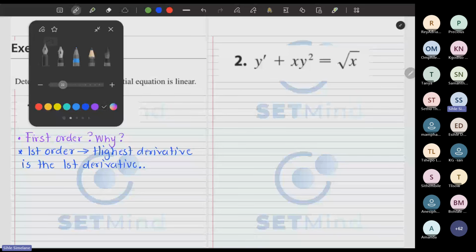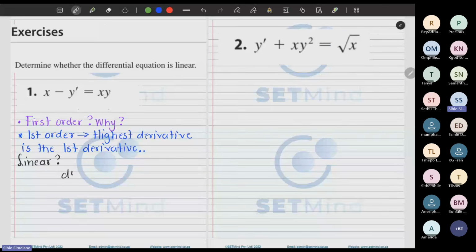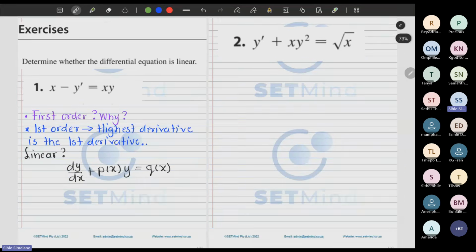Well, we know that if it is linear, we should be able to write it in the form dy/dx plus p of x times y equals q of x. So looking at our problem, you will see that our problem is x minus dy/dx equals x times y. So we can do some transposing here such that we get negative dy/dx minus xy equals minus x.